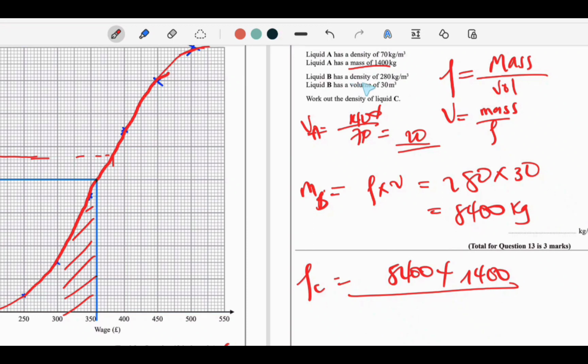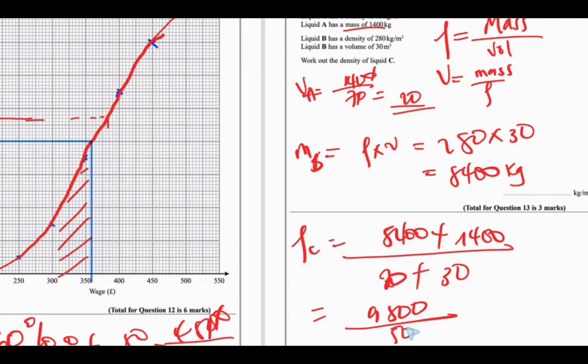divided by their combined volumes as well. So the volume of A, which is 20, and then the volume of B, which is 30. Okay, adding this up, that will be 9800 over 50. The 0 cancels out.